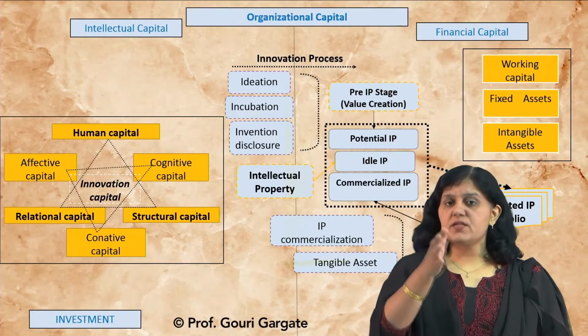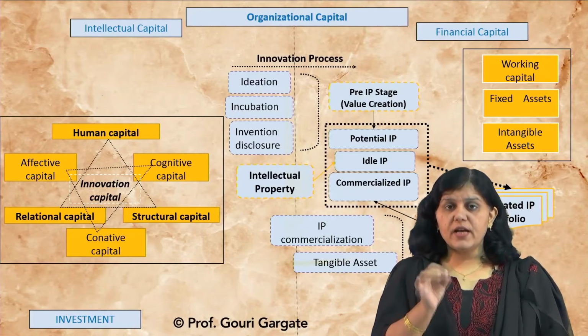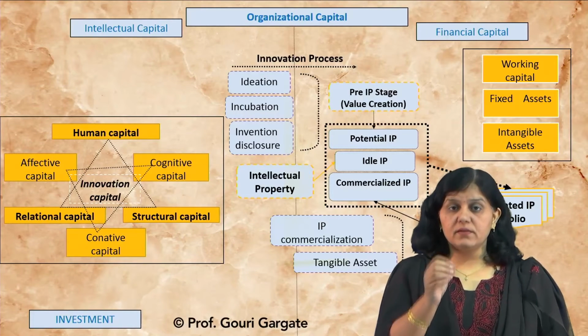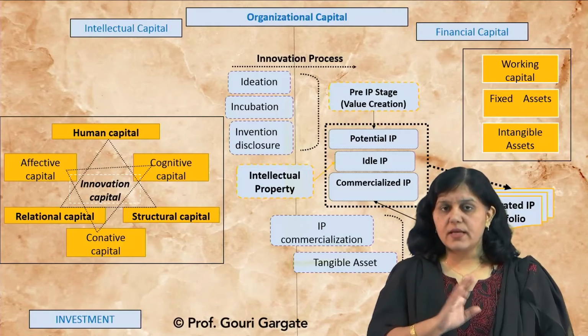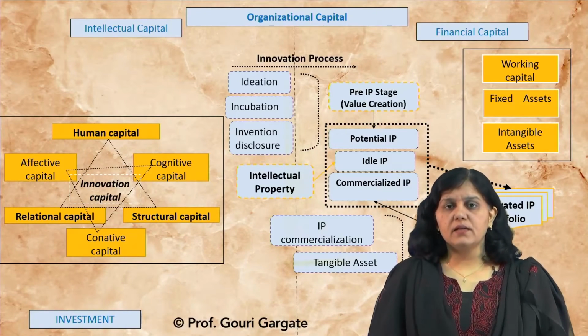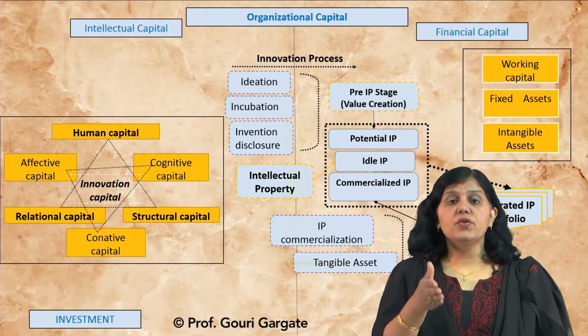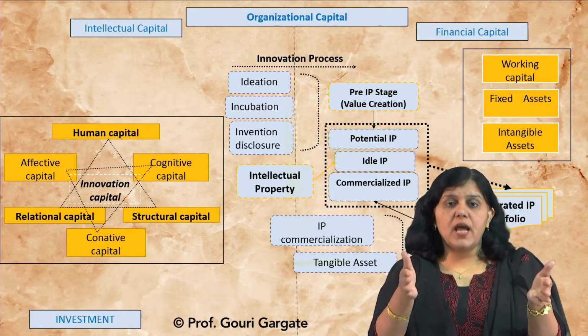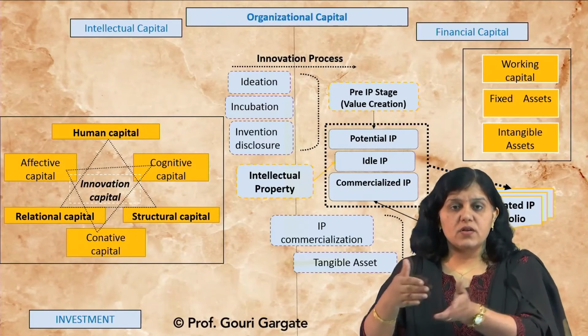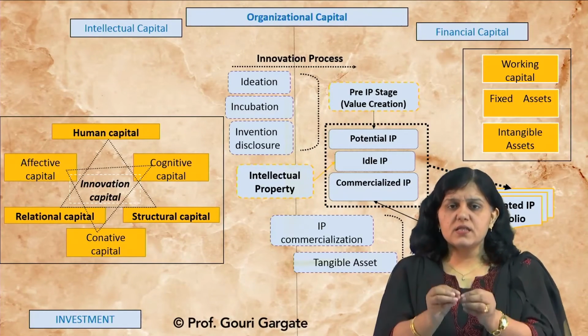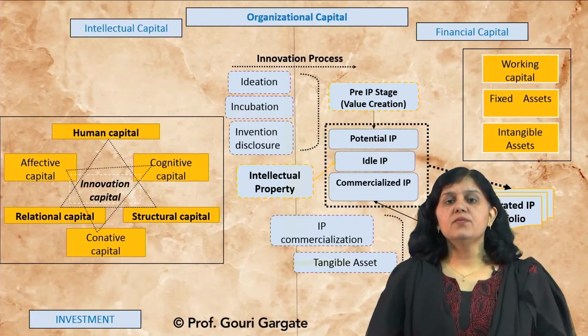The first patent is filed, within a year you will file another patent, and that is a complete specification. It is fully done, and therefore you can have a portfolio of three IPs in 3 stages: one already in commercialization, one just filed, that is idle IP, and one a potential IP.